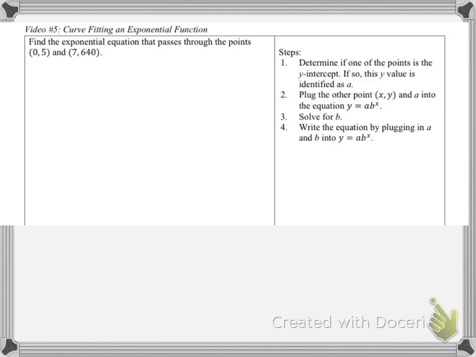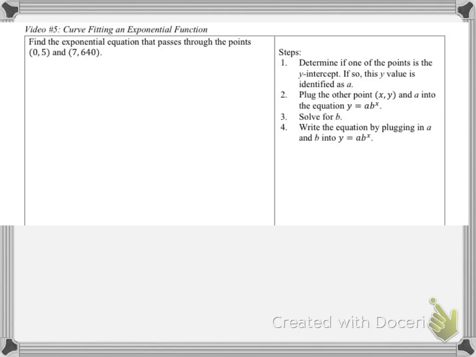All right, so following my steps here, I did start with a problem where I have the y-intercept given to me, which is really kind of nice. Now, I'm not going to say, hey, this is the y-intercept right here, but I do want you to recognize that if it's there, it should make your life a little bit easier.